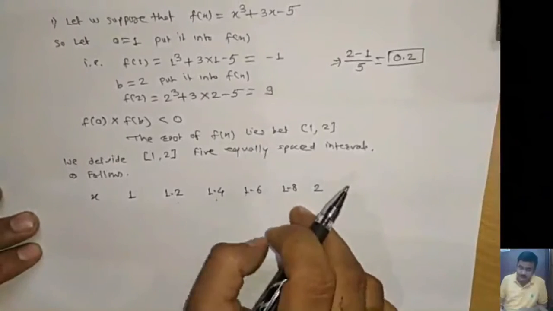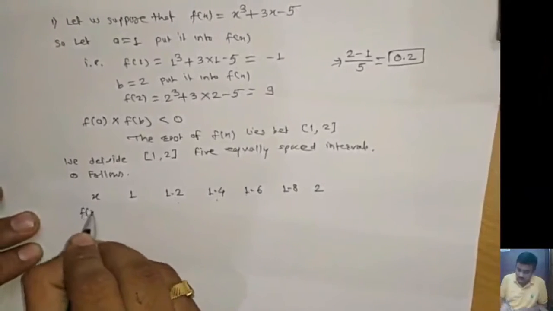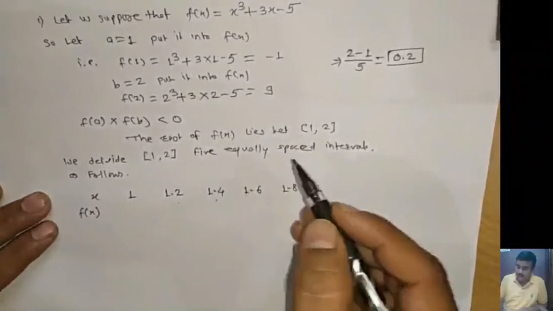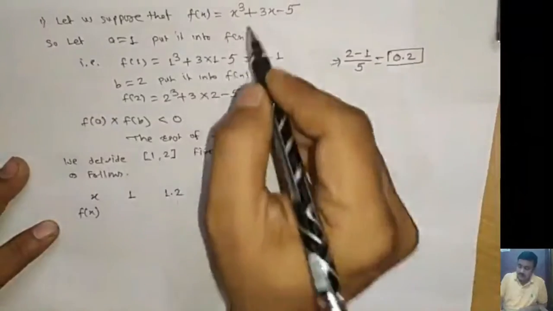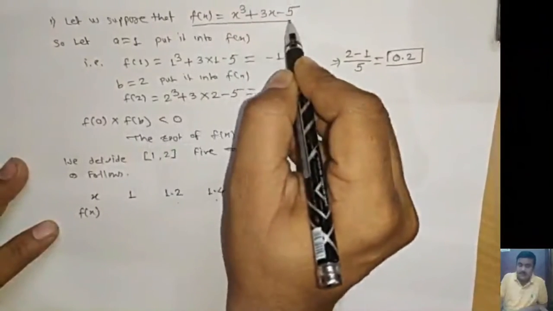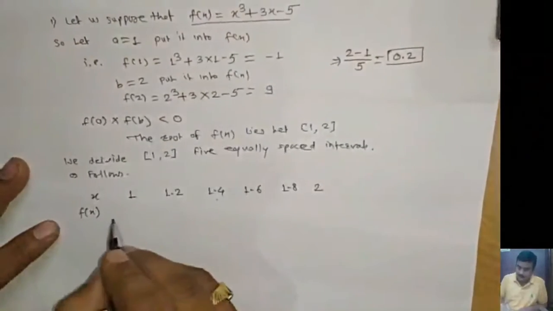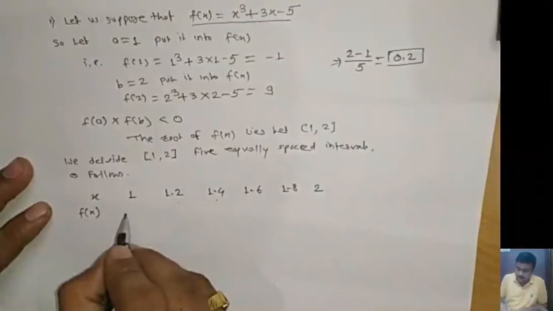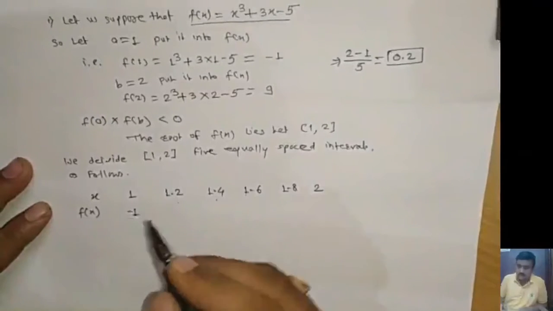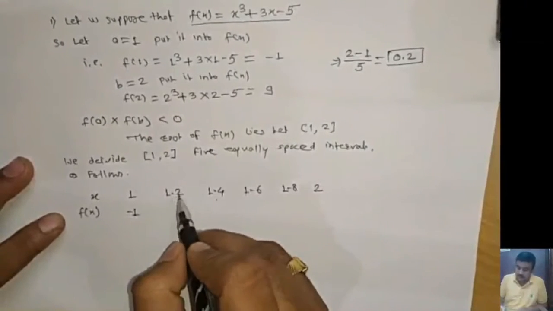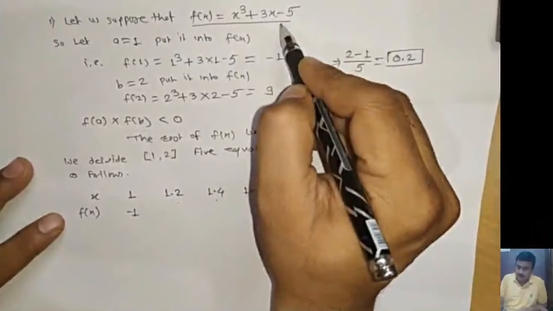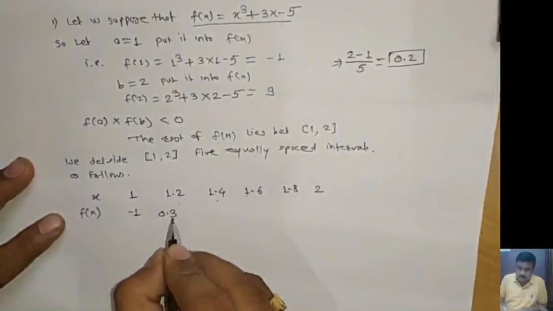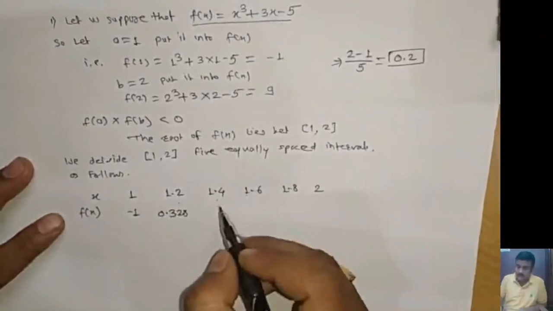Now for these values we calculate the values of the function f of x by putting this value in the given equation. f of x equals x cubed plus 3x minus 5. Now when we put x equals 1 in the given equation, we get f of x equals minus 1. Now put x equals 1.2 in the given equation, we get 0.328.